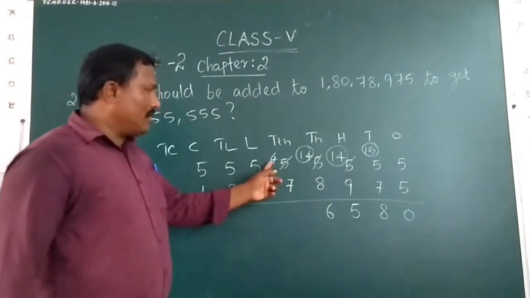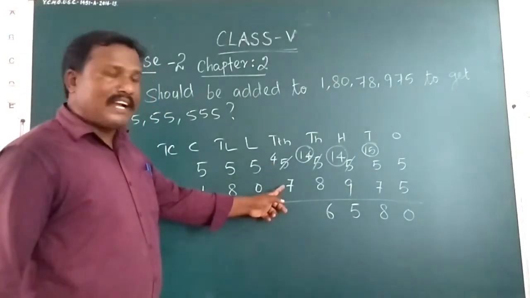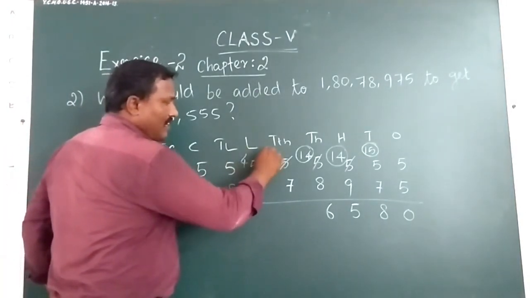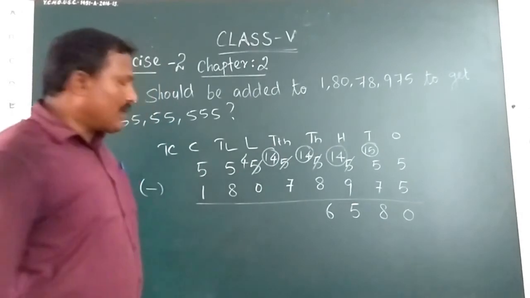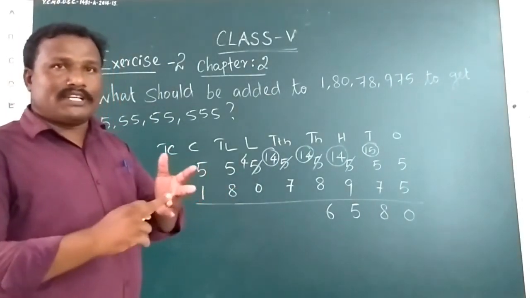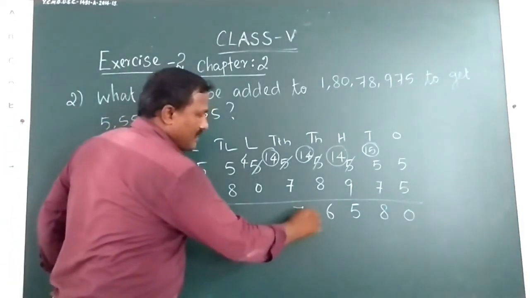Okay, here 4, and below it 7. We can't subtract, so we have to borrow from the nearby number. Here it becomes 4 and here 14. 14 minus 7: after 7 comes 8, 9, 10, 11, 12, 13, 14. So 7 is the difference.